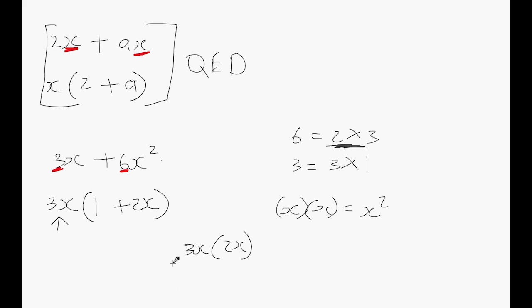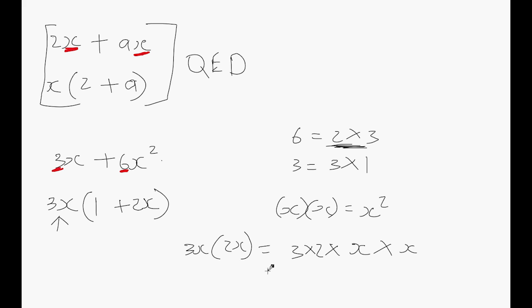As you should know, you multiply the constant terms, the 3 by the 2, times x times x. Trying very hard to differentiate the multiplication sign from my x.